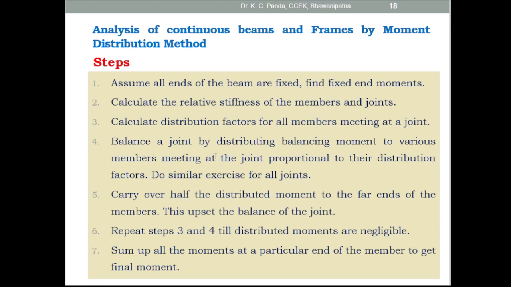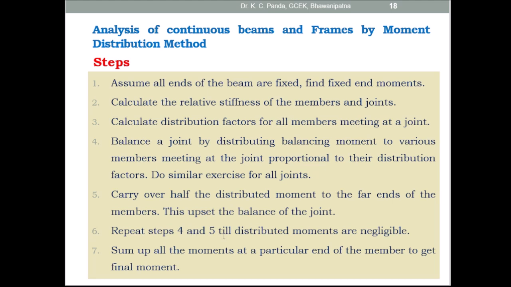Then balance a joint by distributing the balancing moment to the various members meeting at the joint, proportional to their distribution factors. Do a similar exercise for all the joints. Then carry over half the distributed moment to the far ends of the members. This upsets the balance of the joint.